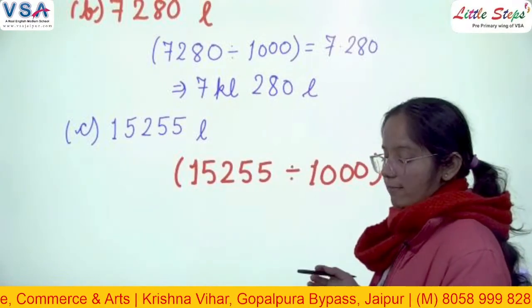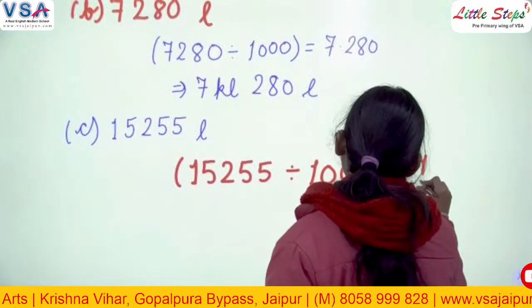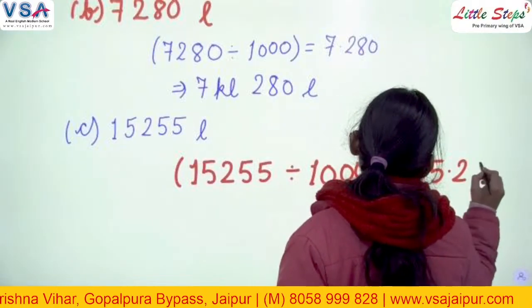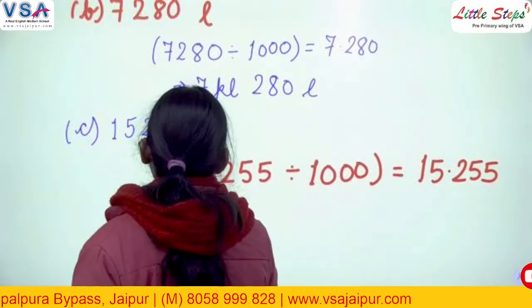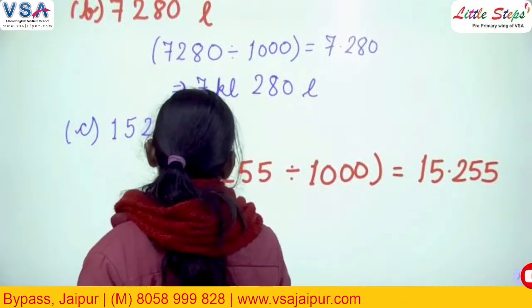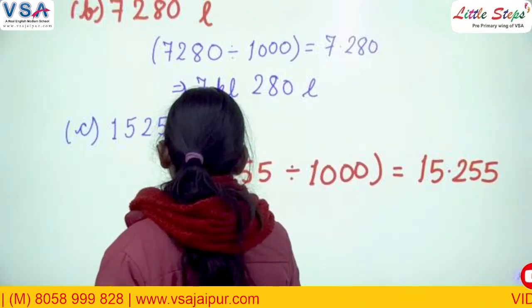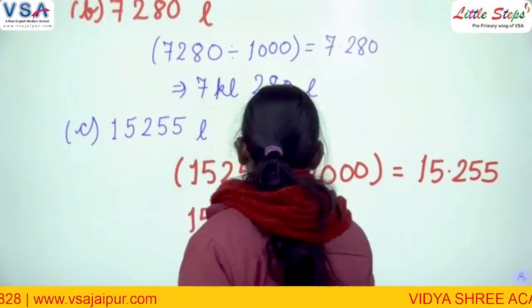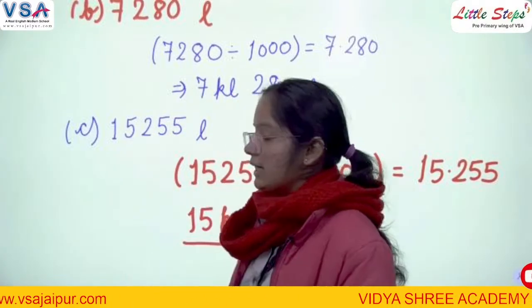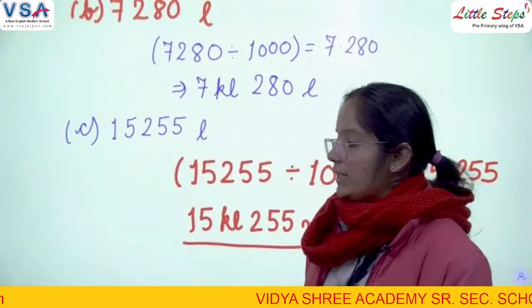Before three digits, we will put the decimal. 1, 2, 3. We will put the decimal here. It will be 15.255, and this signifies nothing but 15 kiloliter, 255 liters. Fine.